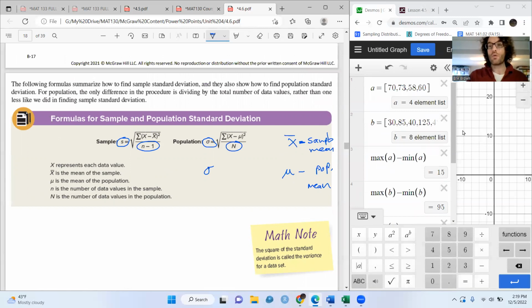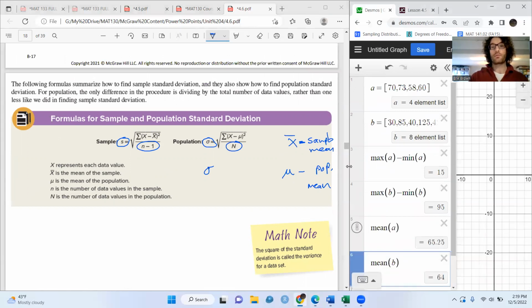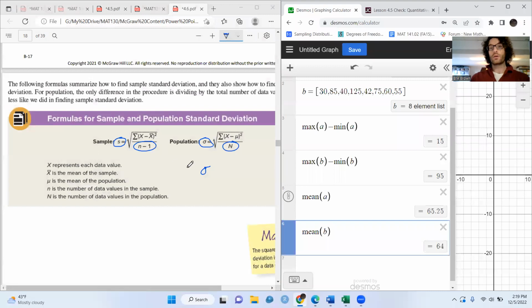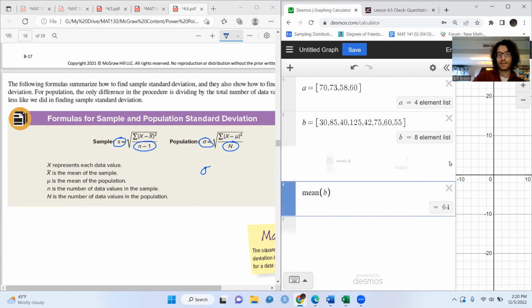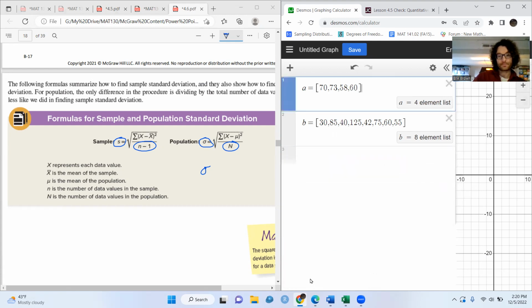It's up to us to know what we entered into the calculator, whether we're working with a population or a sample. Most often, you're going to be working with population values. The weird thing is that Alex treats most data sets as populations. So let me show you how to calculate these standard deviations.